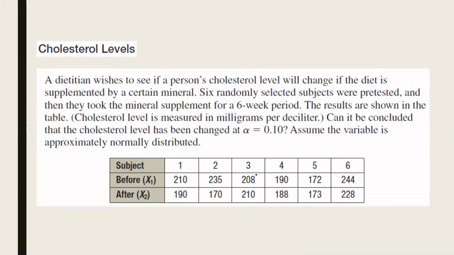Try to compute the difference, square difference, the sum of the differences and the sum of the square differences, then the mean of the differences, and then compute the standard error or the standard deviation for the differences, and then compute the t, and then compare it with the t critical, and then make the decision whether to reject or accept H0, and then make a conclusion. So that's the complete step for you.